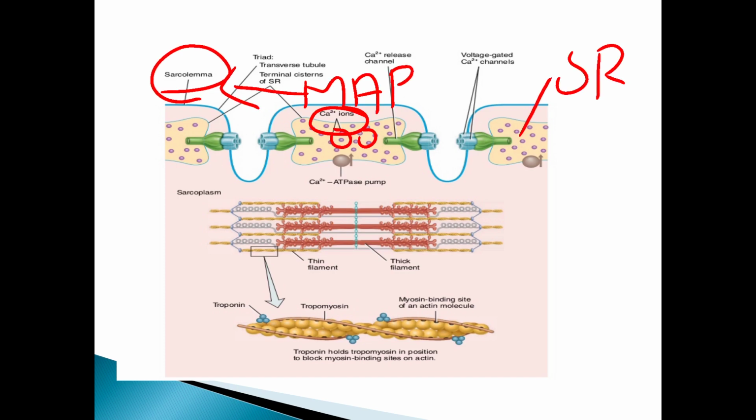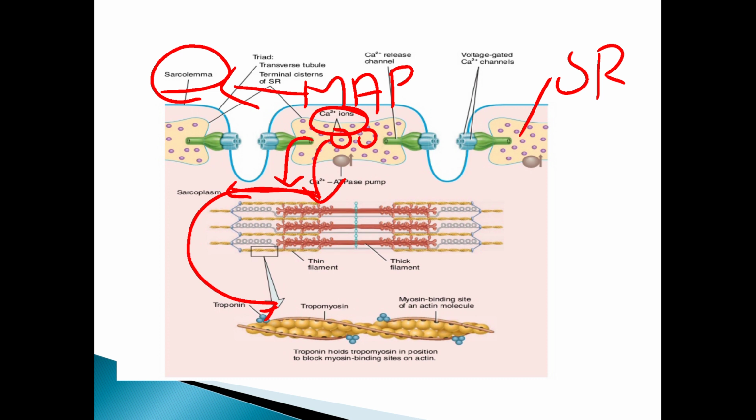So the calcium ions will be released into the sarcoplasm, and then they will bind to the troponin, and then the contraction cycle will begin.